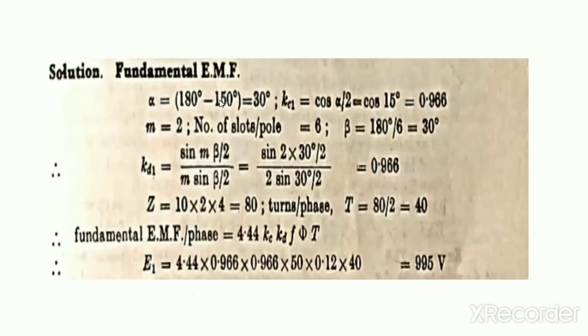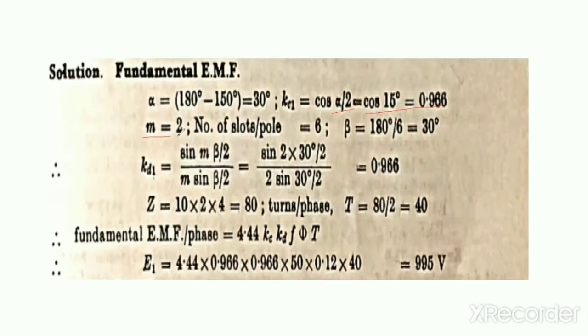By using this, we calculate the alpha value. After calculating the alpha value, we will calculate KC. KC is cos alpha by 2, alpha is 30 degrees by 2, that is cos 15 degrees. This is the coil span factor.